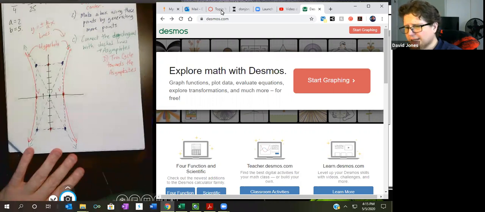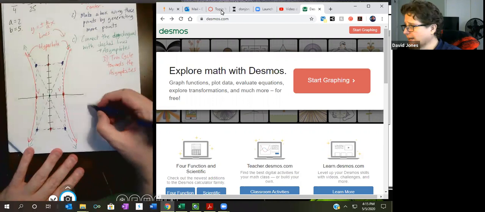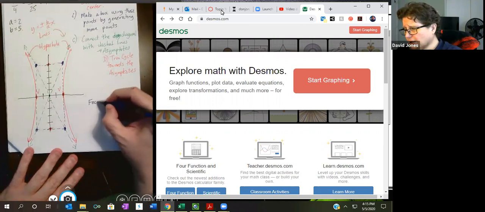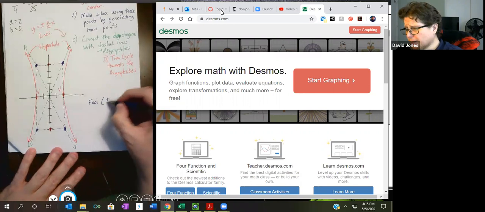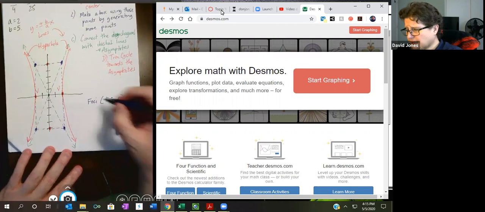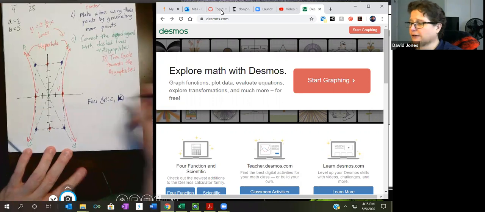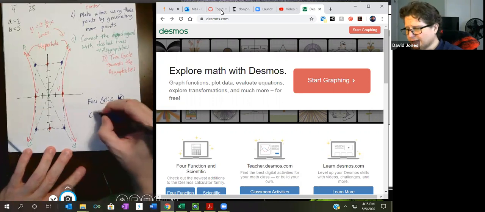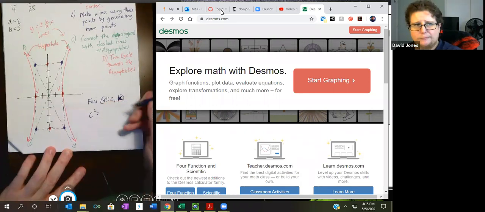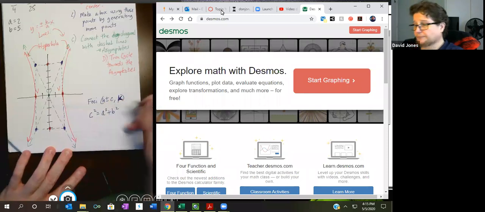Remember we calculated C to go with foci? We're going to do that again. Right now, the foci, the way it's set up, are going to be plus or minus C comma 0. In this case, it's H plus or minus C comma K, but H and K are 0 here. C is a little different than before. It's not A squared minus B squared. It's A squared plus B squared.